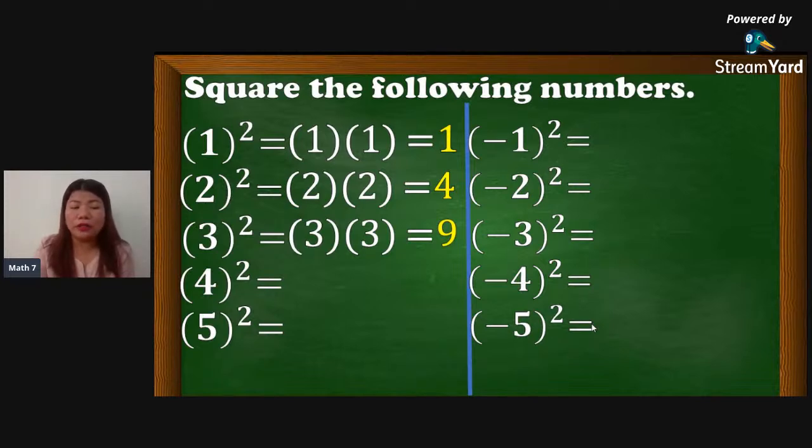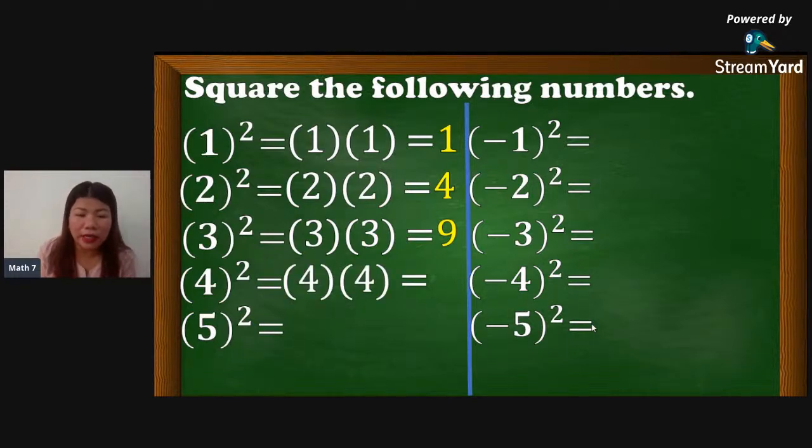And we have 4 squared. Is it 4 times 4 or 4 times 2? Which is correct? Correct, so that is 4 times 4. So the answer here, kapag in-square natin, that is 16.